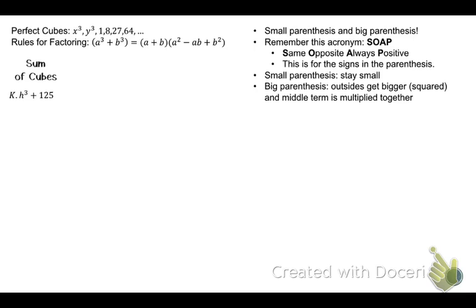So let's look at this. h cubed plus 125. Well, we have a small parenthesis and a big parenthesis. SOAP, so same, opposite, always positive. And then small parentheses stay small, but what stays small? We need to take the cube roots of both of these. So the cube root of h cubed. Cube root in a calculator is math 4 if you're using a TI-84 or 83, I think even an 89.